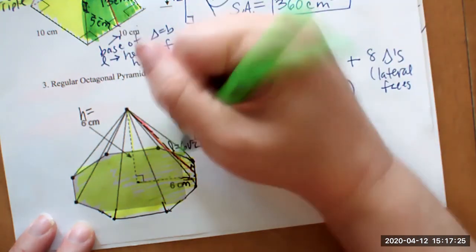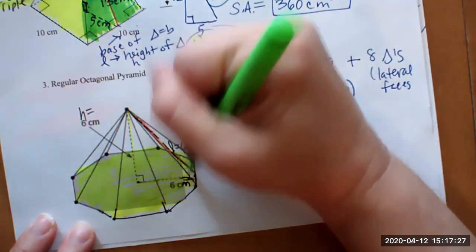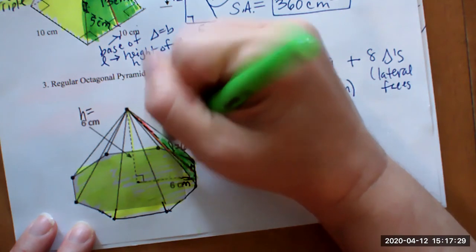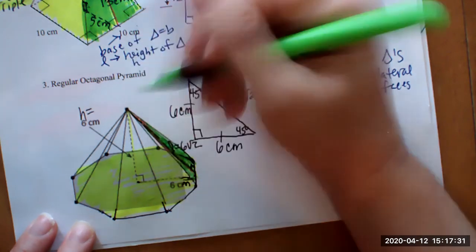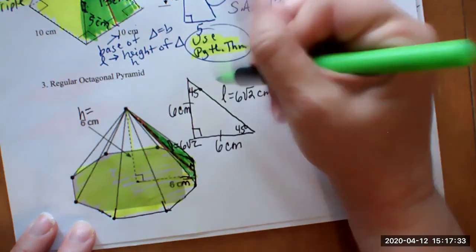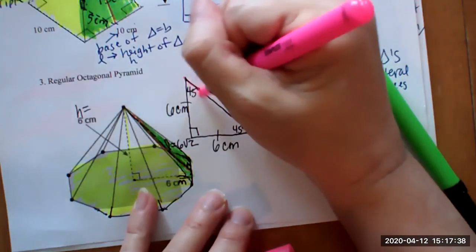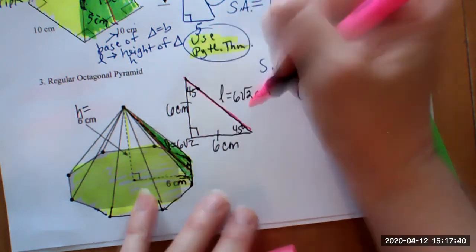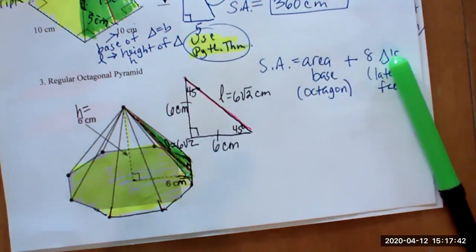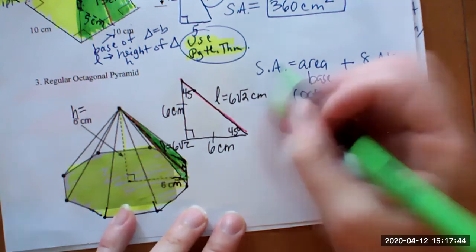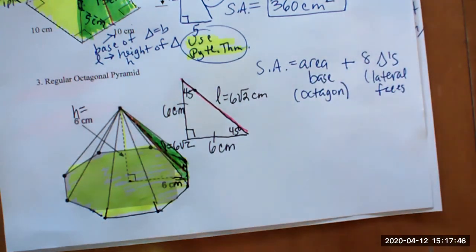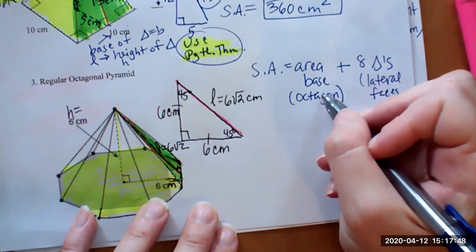And the specific one that we're looking at right here, because that's the one that has that hypotenuse of the triangle that I needed to find, right? That was that pink lateral or slant height right there. Okay, so we'll find the surface area by calculating the area of the octagon first.